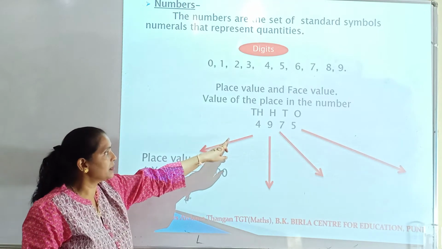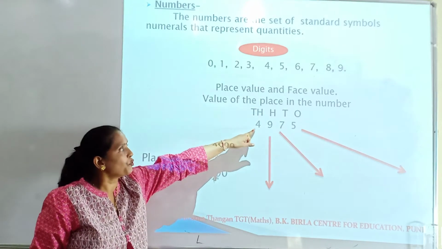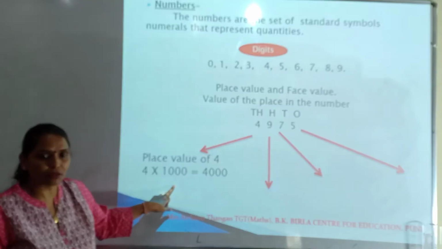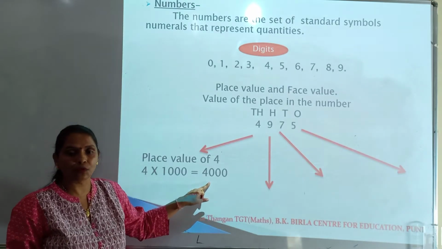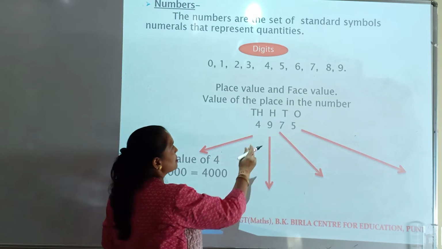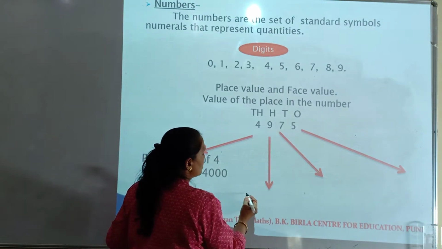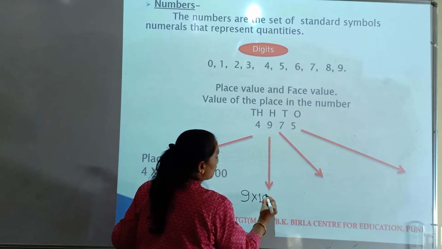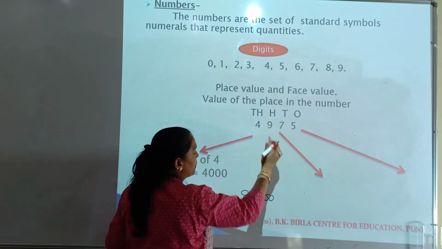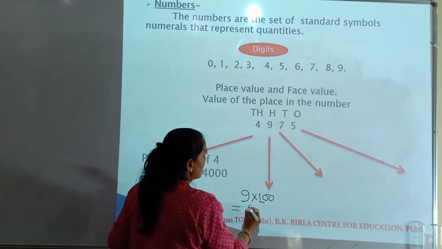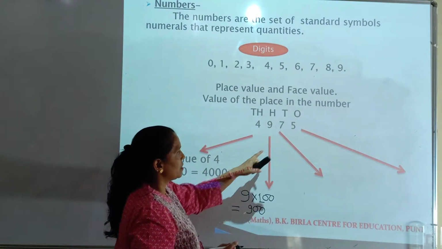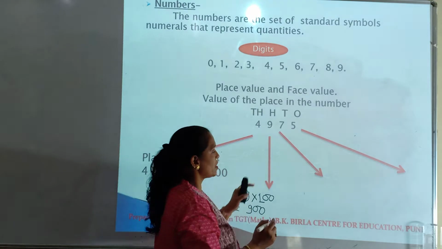First, 4 is on the 1000 place. So 4 multiplied by 1000, its place value is 4000. Next, in the 100 place we have a 9. So 9 multiplied by 100, because 9 is on the 100 place, its place value is 900. Next is 7, on the tens place.